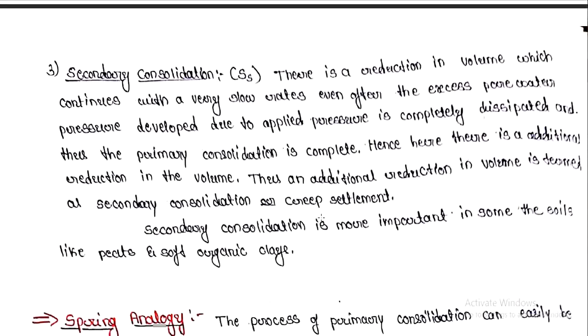So in initial consolidation we expel out the air from the voids, and in primary consolidation we expel out the water from the voids. After that, rearrangement of grains takes place, and for that the reduction in volume takes place, and it is called secondary consolidation.